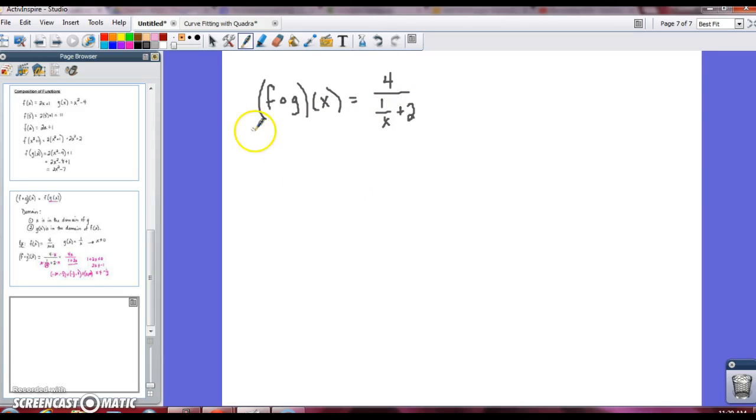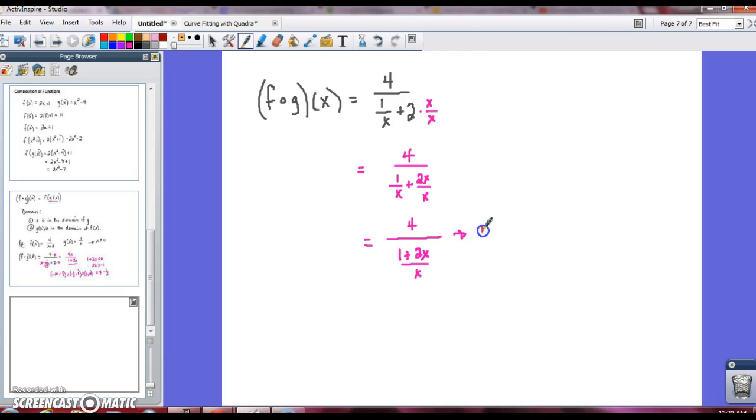The other way you can do it is to combine this denominator into a single fraction, which would mean you are multiplying the 2 by x over x. That would give you 4 over 1 over x plus 2x over x, which would give you 4 over 1 plus 2x over x.